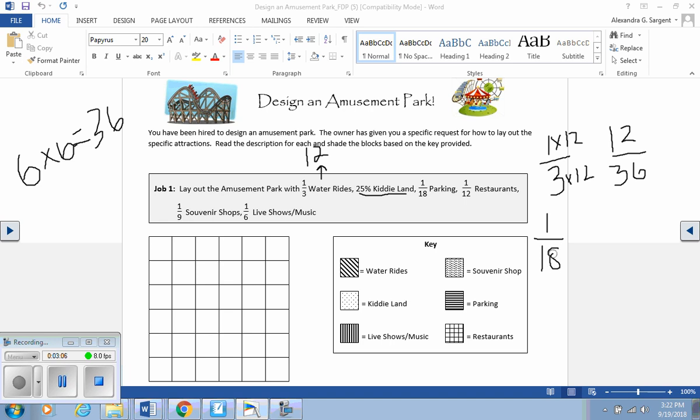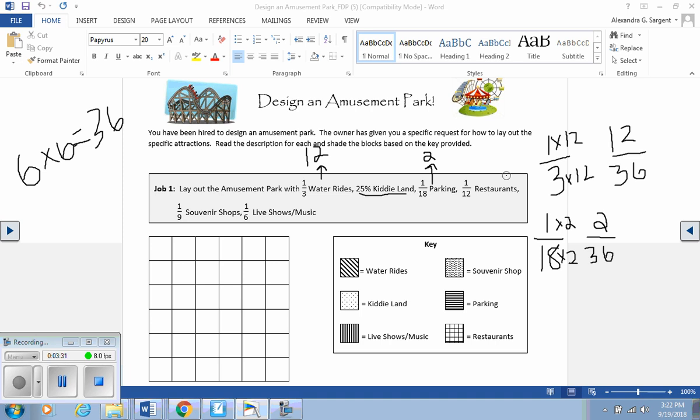Or, sorry, 18 is also a factor of 36. How do I get from 18 to 36? Well, I multiply by 2. 18 times 2 is 36, and 1 times 2 is 2. So 2 out of 36 are going to be parking. So I'm going to color in 2 boxes for that.